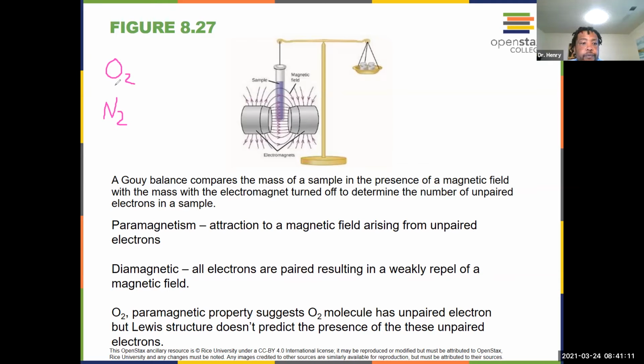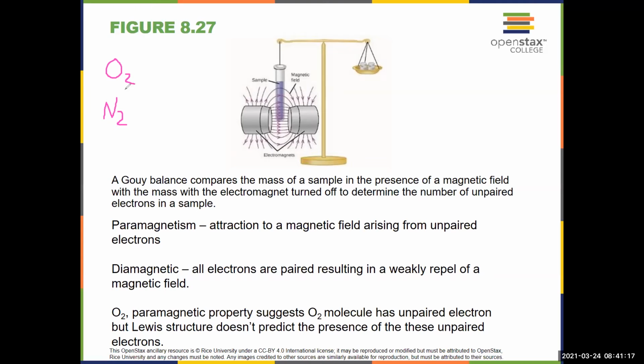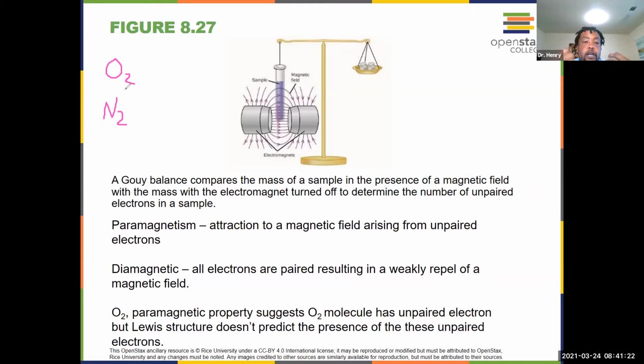So O2 is paramagnetic. You guys remember what paramagnetic means? Okay. So paramagnetic basically means that if we put it between 2 magnets, it's going to get stuck. Diamagnetic means that all the electrons are paired up, so it won't get stuck and it'll flow right through. Okay. O2 is paramagnetic, where N2 is not paramagnetic.